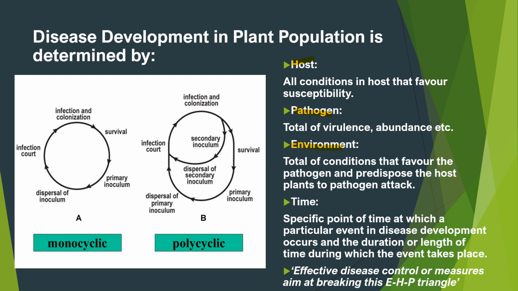For example, some varieties of rice are resistant to Pyricularia oryzae, the rice blast fungus, while other varieties are not. The ones which are resistant are saved from the pathogen, and the ones which are susceptible are attacked by the pathogen.